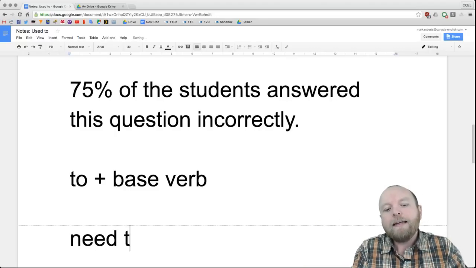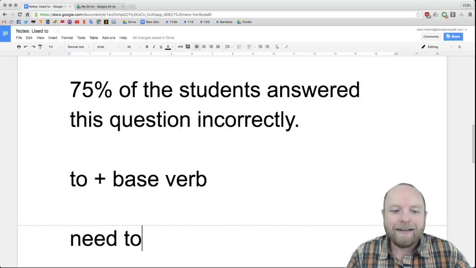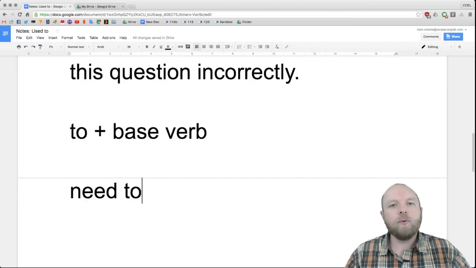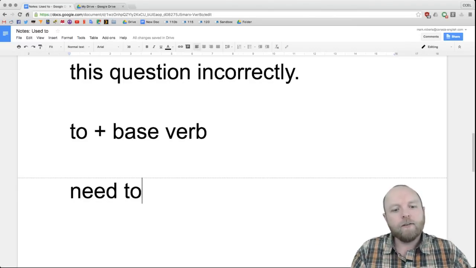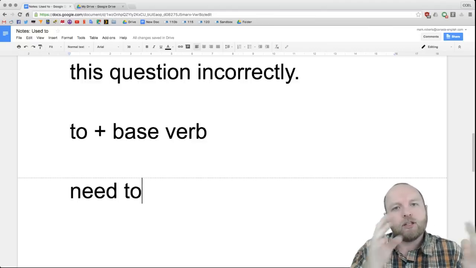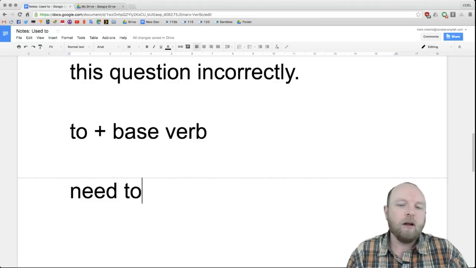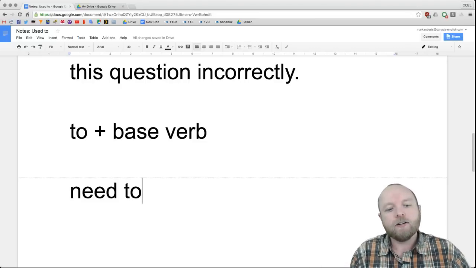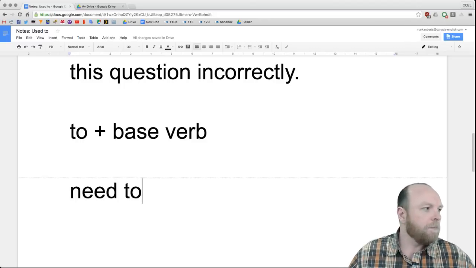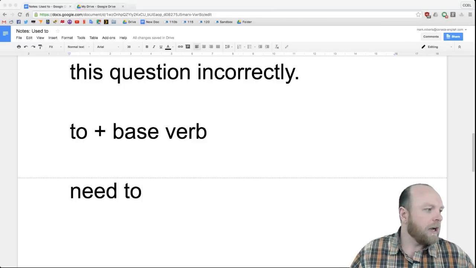Example, need to, right? Well, need to, we need a base verb. Okay, guys, so we're going to start the class today and we're going to talk about when we need a to and a base verb. Okay, this is called infinitive. When do we need infinitive? Please start typing and let's look at the chat and see what you guys have.